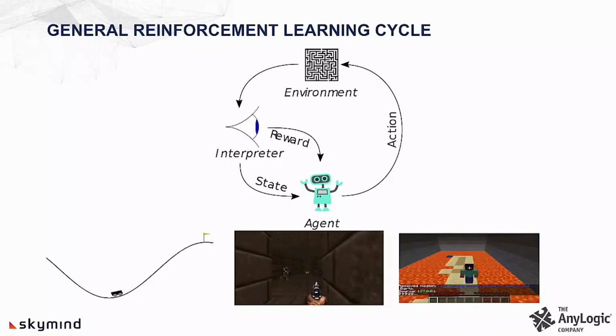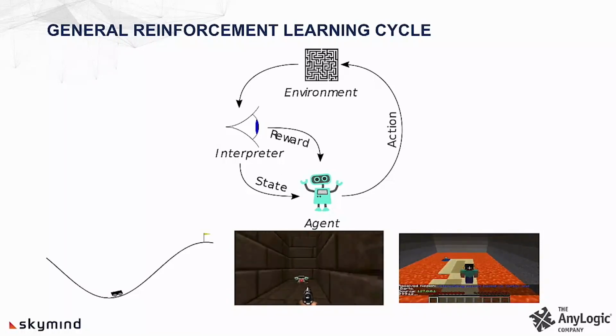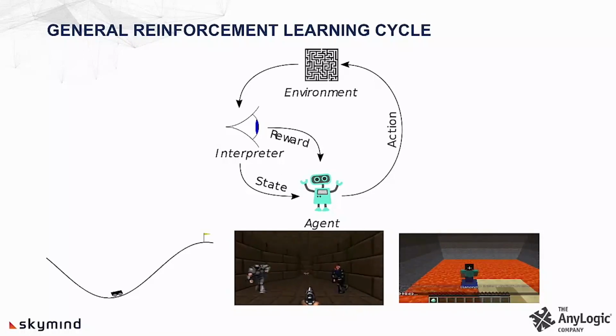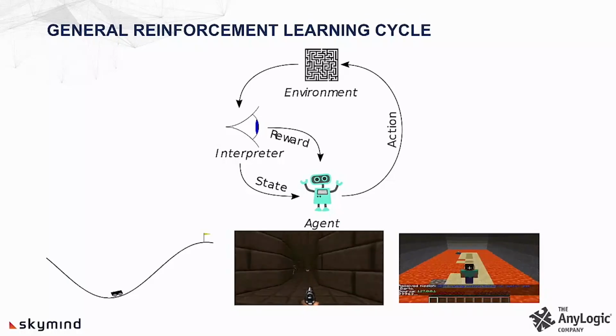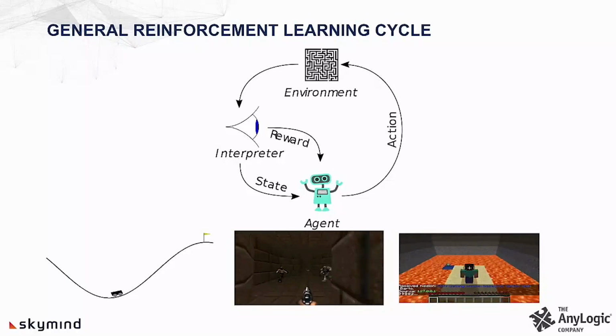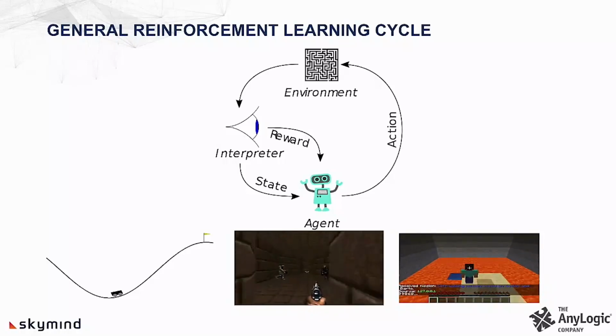Here you can see three sample reinforcement learning challenges. On the left you see the mountain car, where the goal is to get to the flag, but the car doesn't have enough power to reach the top of the hill by just moving forward. It has to learn how to use momentum to get up there. In the middle is a Doom situation that's interesting, how it learns to run forward instead of attacking the enemies.